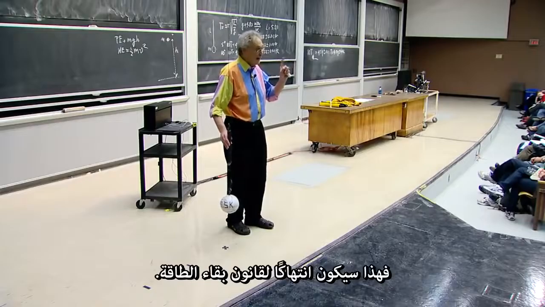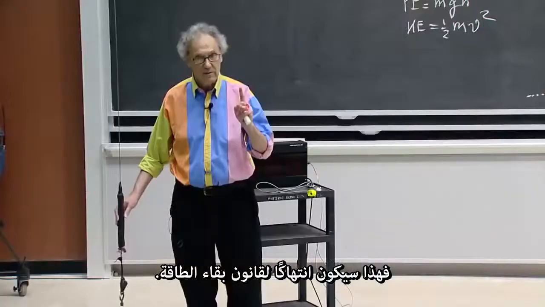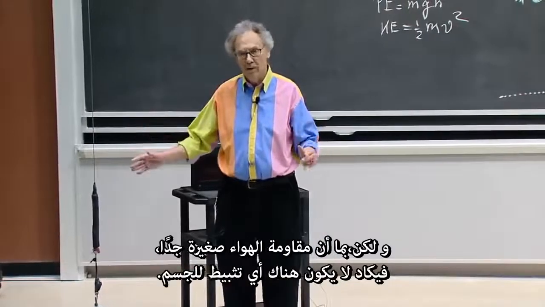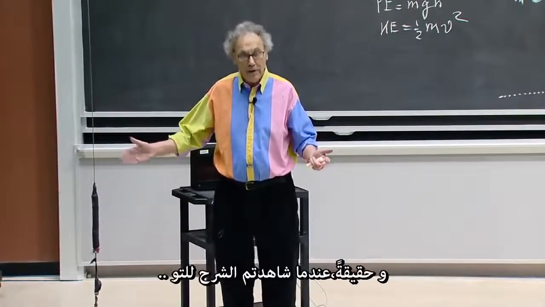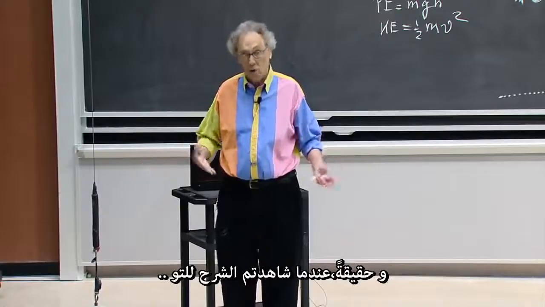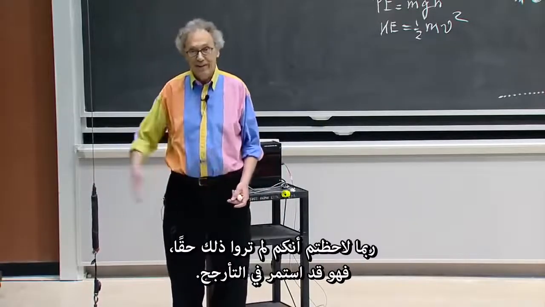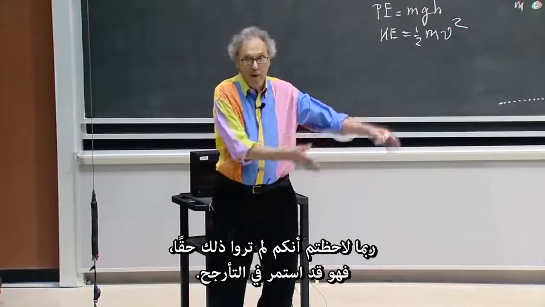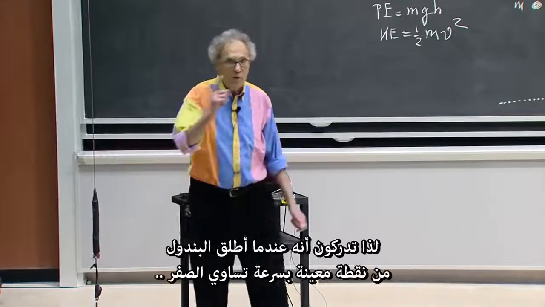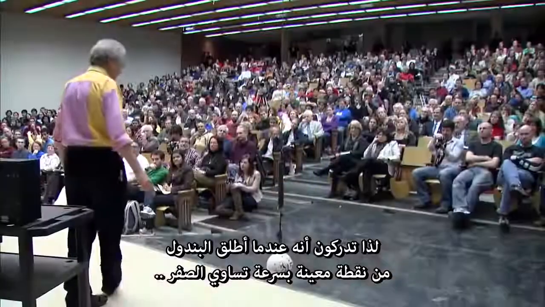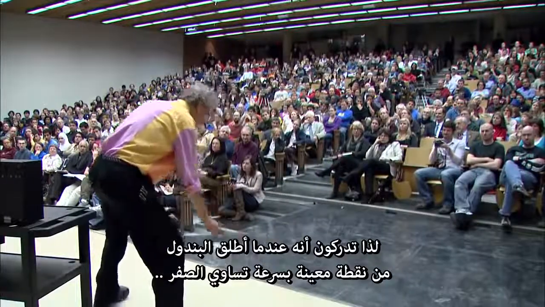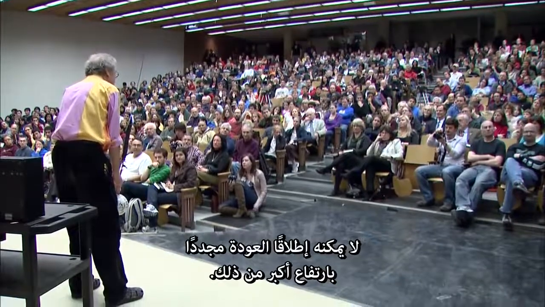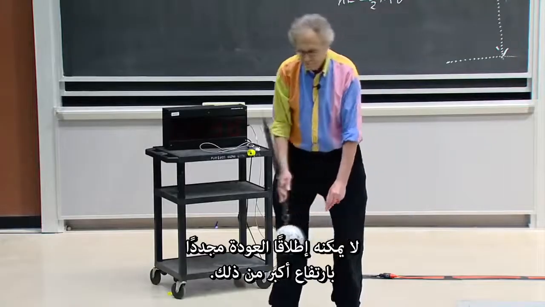That would be a violation of the conservation of energy. But since the air drag is so small, there is almost no damping. And in fact, when you saw the demonstration I just did, you may have noticed that you really didn't see this. It really kept going and it kept going. As long as you realize that if I release it from a certain location with 0 speed, it can never, when it comes back, be higher than that location.